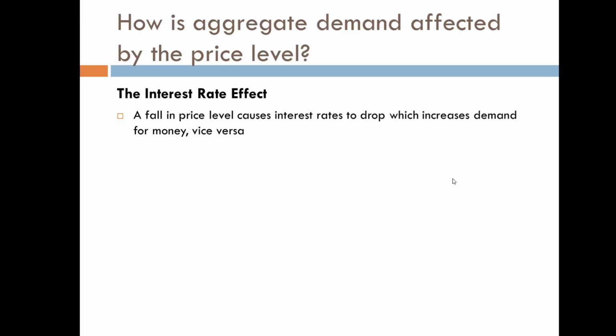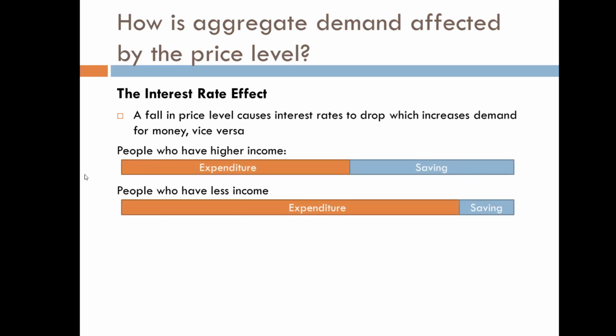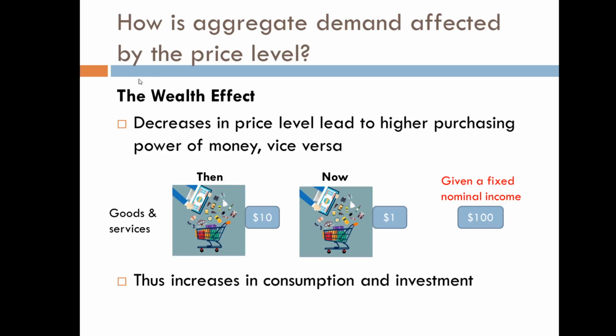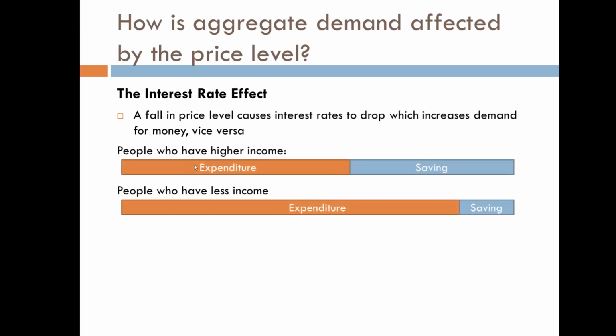All right, so take a look at this. When you look at this, then hopefully you understand why. You can actually use this concept to support you. So when the price level is decreasing, your purchasing power increases.